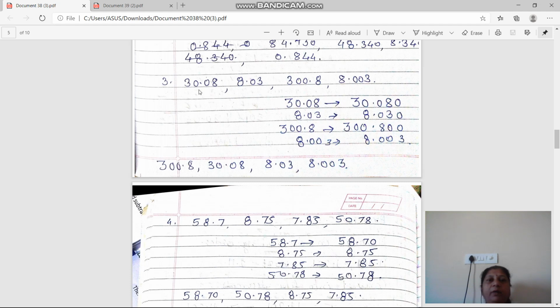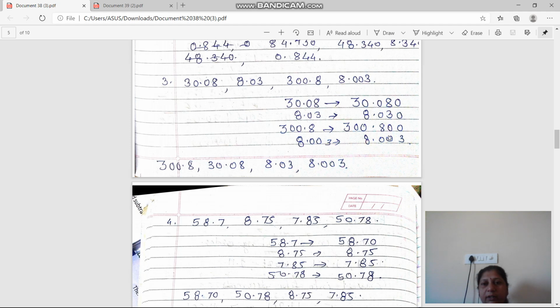See here: 30.8, 30.08, 8.03, 300.8, 8.3, 8.003. So first we convert into like decimals. 30.800, 30.080, 8.030, 300.800, 8.003.